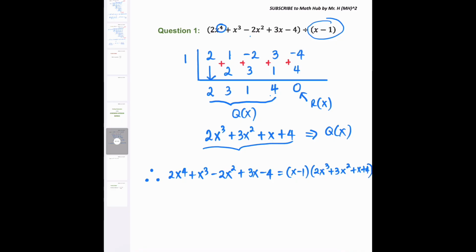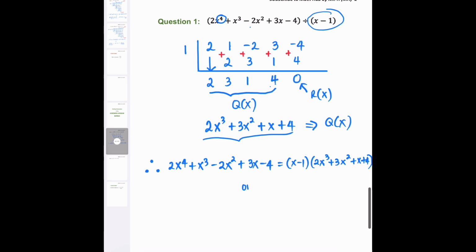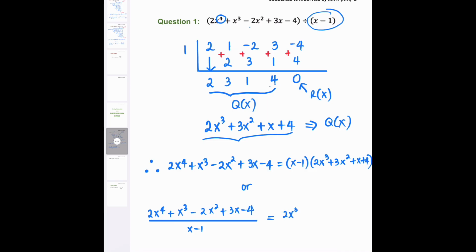Or we can have the dividend 2x to the power of 4 plus x cubed minus 2x squared plus 3x minus 4 divided by our divisor, which is x minus 1, equals the quotient, which is 2x cubed plus 3x squared plus x plus 4.